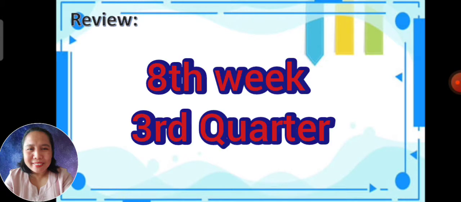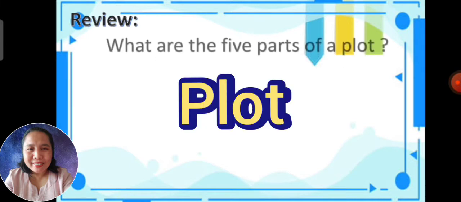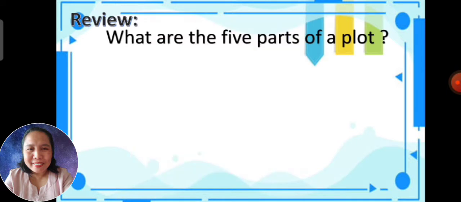Before we start our new topic for this 8th week of the 3rd quarter, let us first have a review on our last topic, which was about plot, right? There are 5 parts of a plot, but could you still remember what is plot?